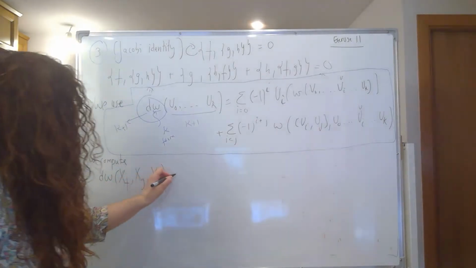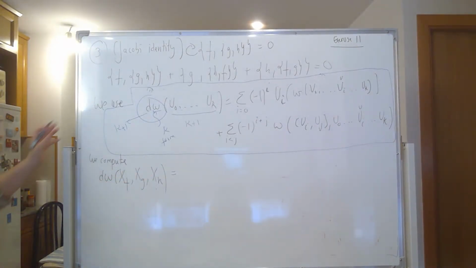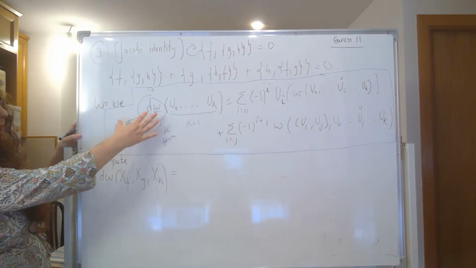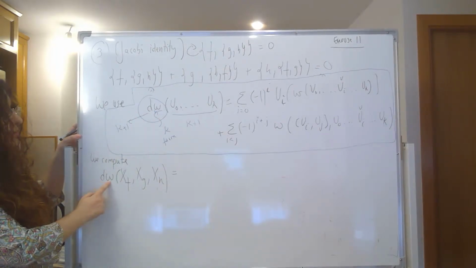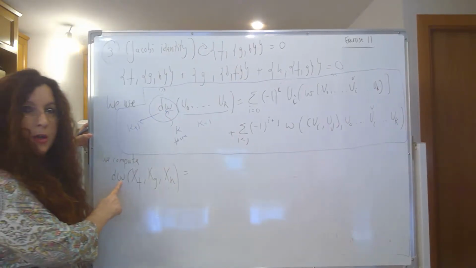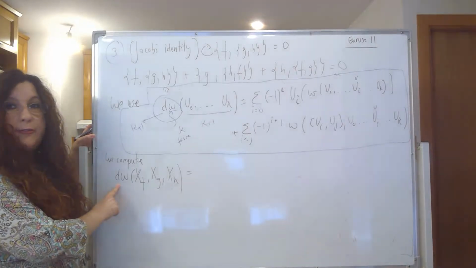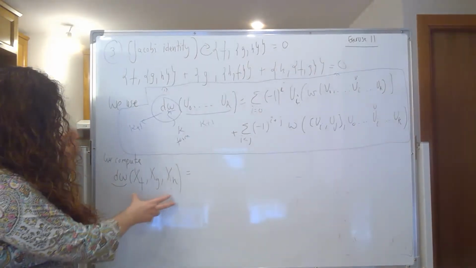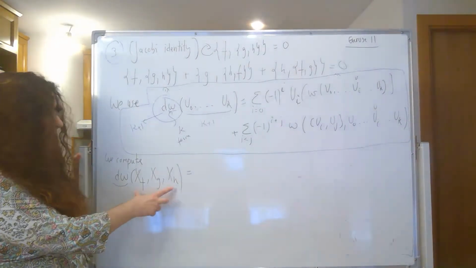Okay, so now I'm going to develop this formula. Now I apply this general formula to the case in which omega is my symplectic form. Okay, therefore, omega is a two-form, and this guy can act on three vector fields.